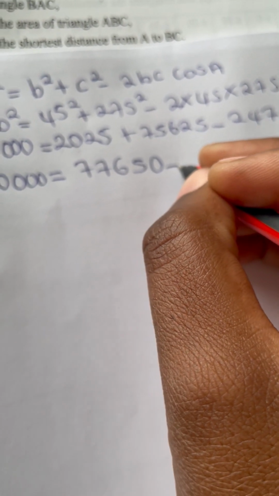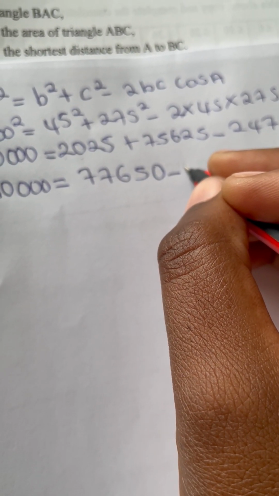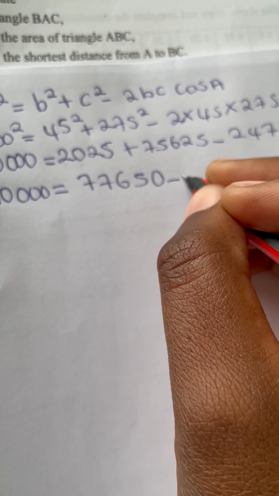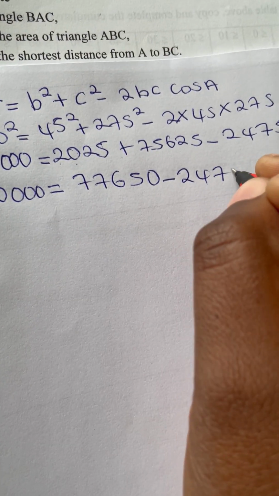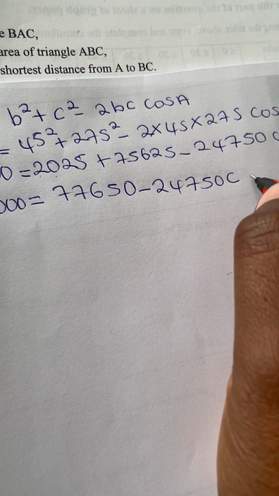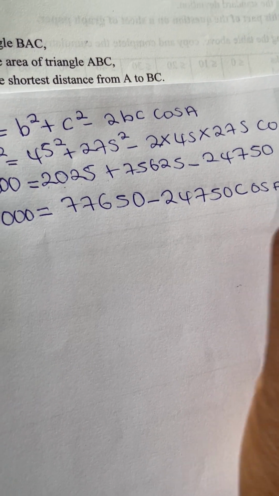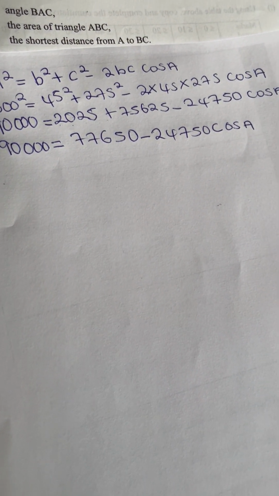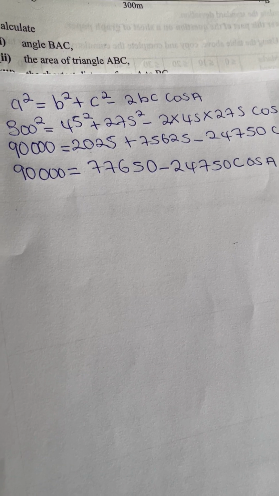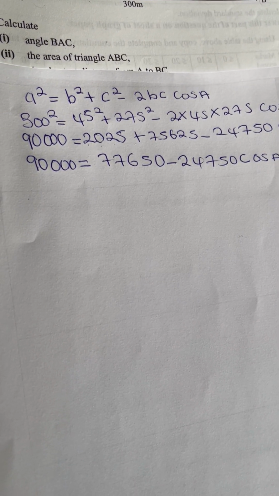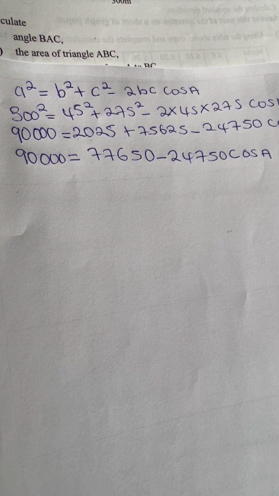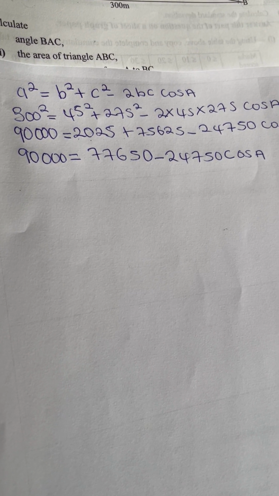Okay, minus, you maintain what is at the far right hand side, which is 24,750 cos A. Very good. So as you can see, we've moved a step further. So how do we continue from there? How do we continue solving?